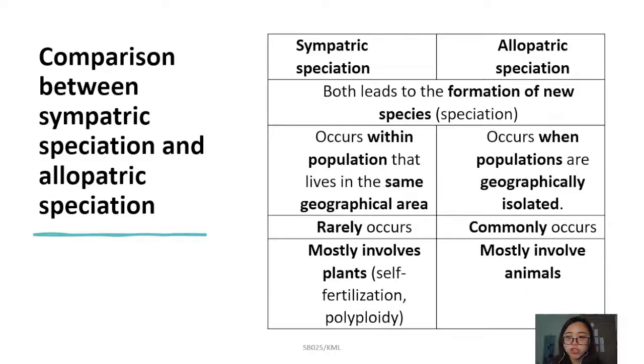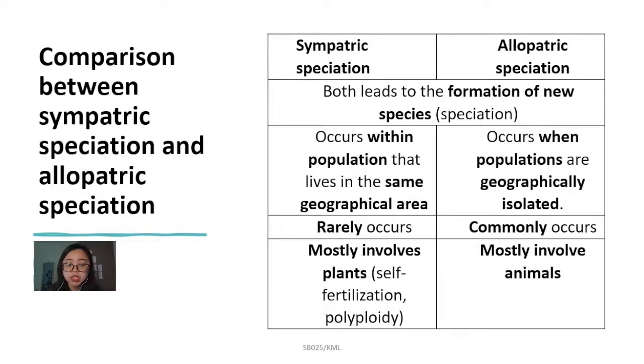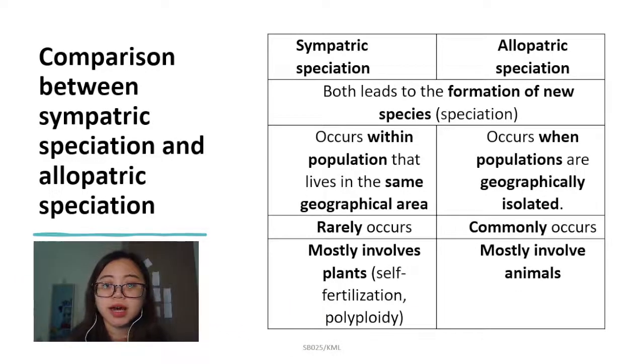We can, of course, compare between sympatric speciation and allopatric speciation. There is a similarity. A similarity is that sympatric and allopatric speciation will both lead to the formation of new species, but there are differences in that it could occur in the same or in different geographical areas.